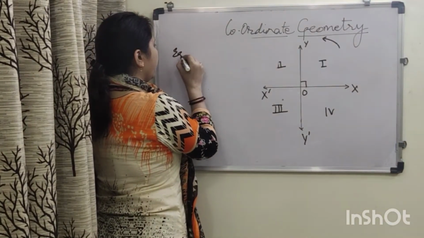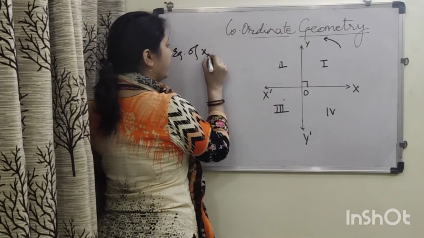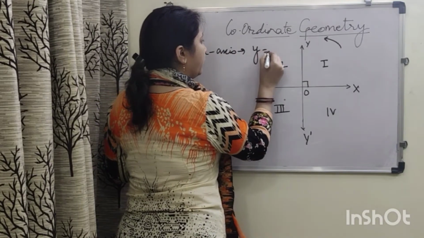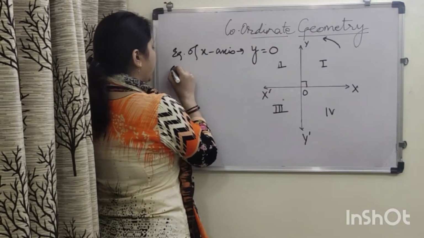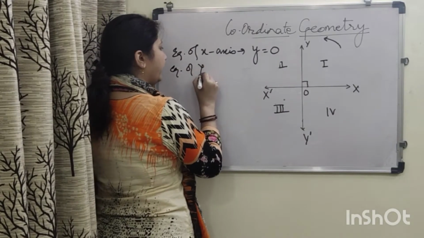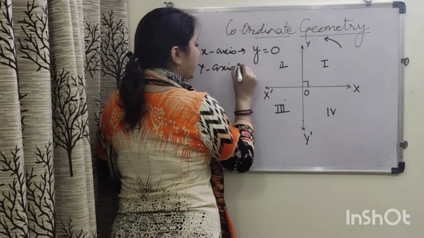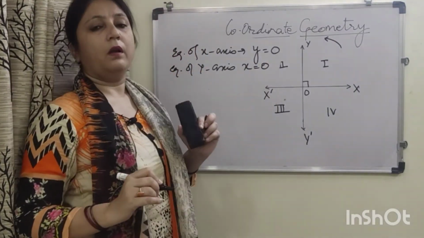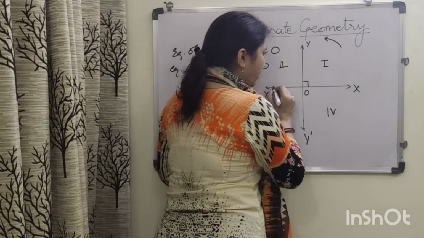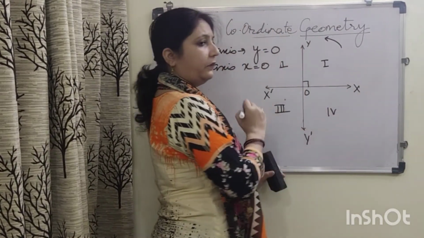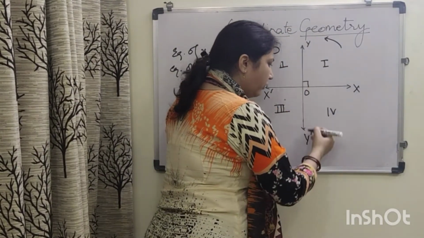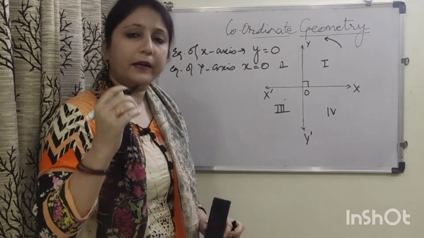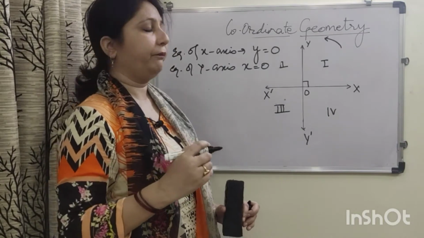Equation of x-axis is y equals 0. Equation of y-axis is x equals 0. That means the equation of this horizontal line is y equals 0. Equation of this vertical line is x equals 0. I'll let you know why it is so.